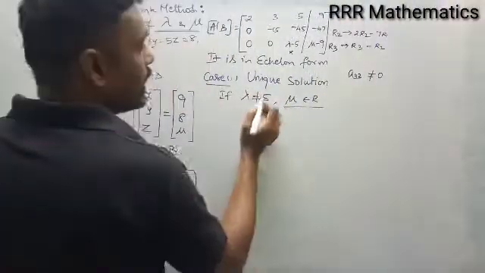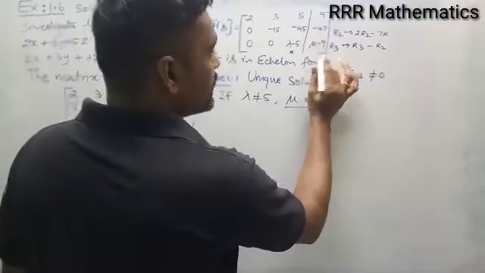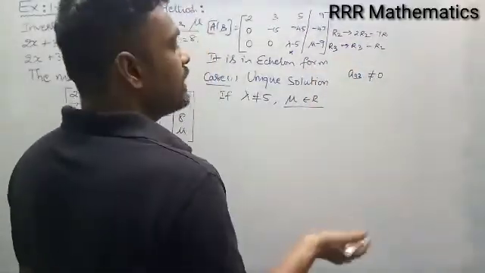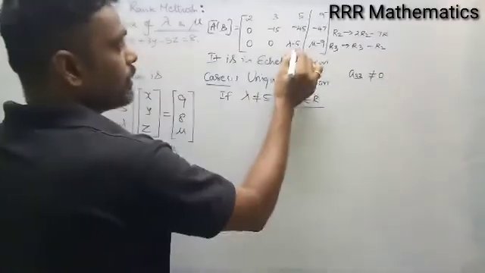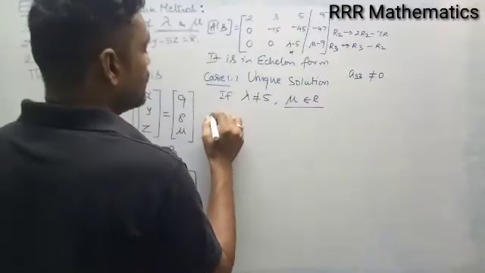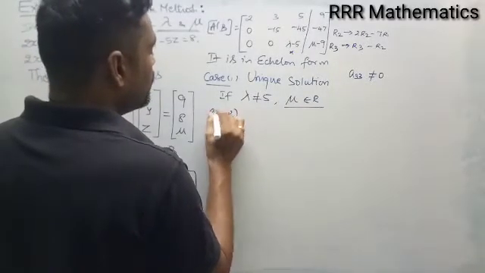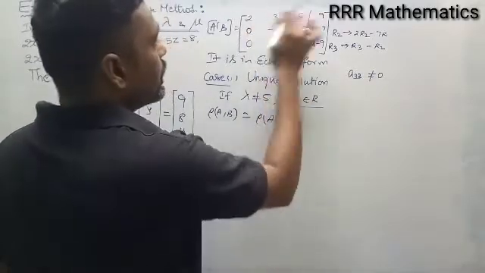So if lambda not equal to 5, mu takes any value, even 9 or any other value, anyway it belongs to R. So in this case, if lambda not equal to 5, I am not taking a particular value, so I can declare the rank directly. Rank of A comma B will be 3 and the rank of A will be 3.